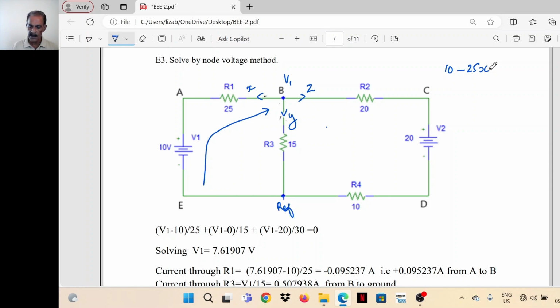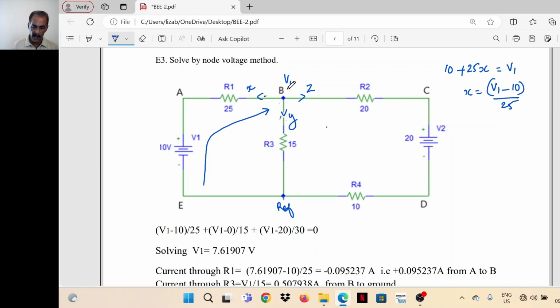The 10 is a rise in potential, so I have given it a positive sign. For 25X, the current is from B to A and the path is from A to B, so it is also given a positive sign. Adding the voltages, we will get V1. So the equation for X can be written as X is V1 minus 10 divided by 25.